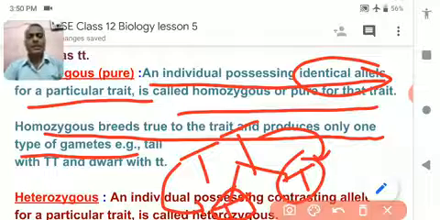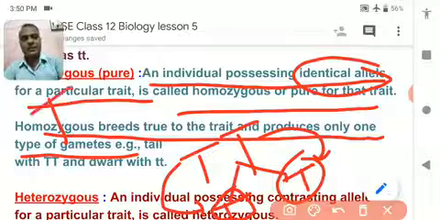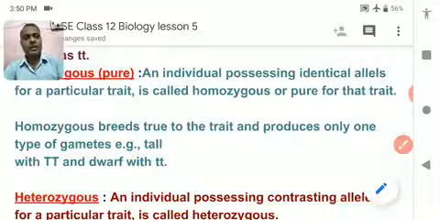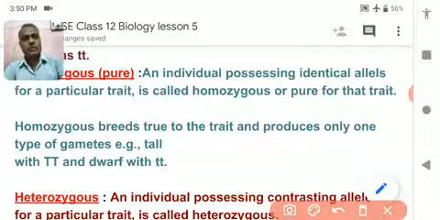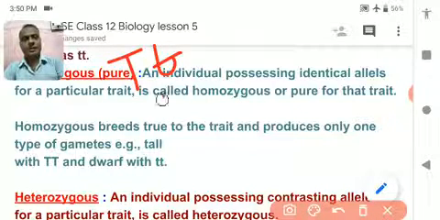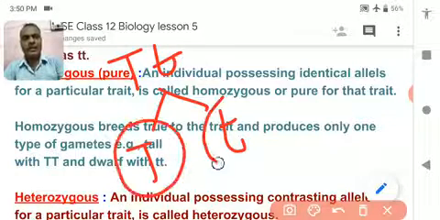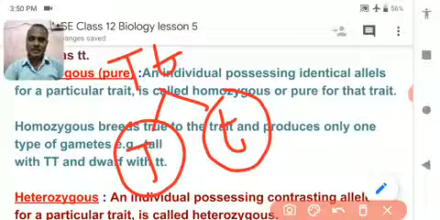If you take the heterozygous, suppose capital T small t, it will produce two different kinds of gamete. One will be capital T and another will be small t. Understood? So homozygous produces the same kind of gamete, but heterozygous produces different kinds of gamete.